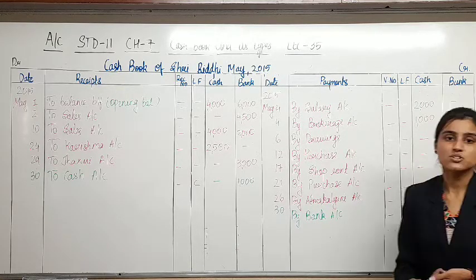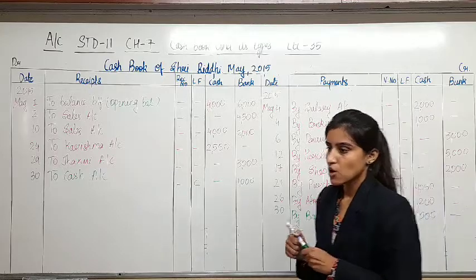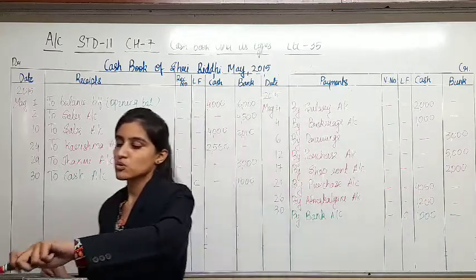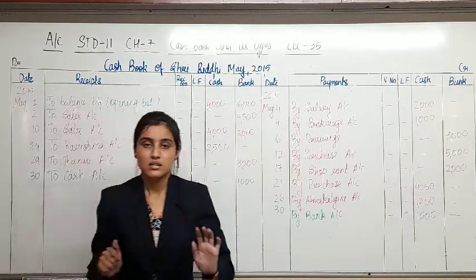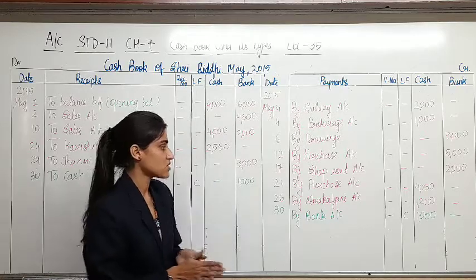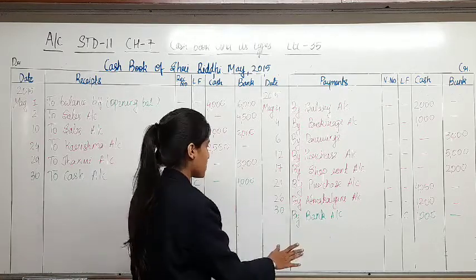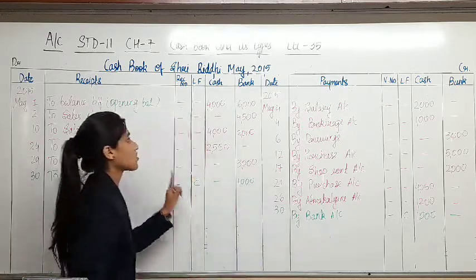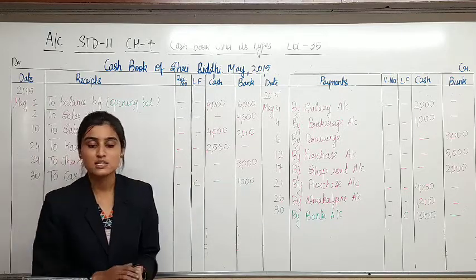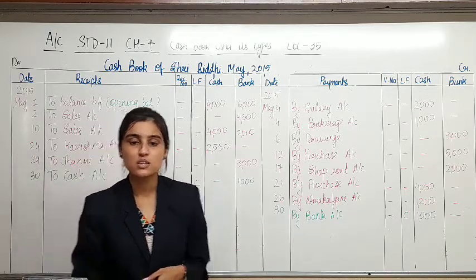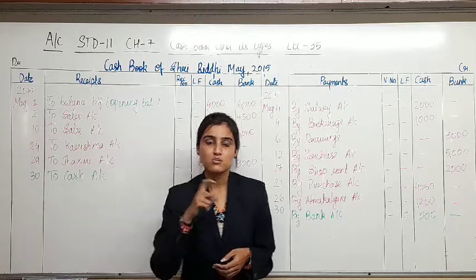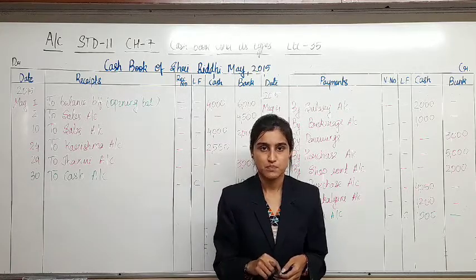This is a contra transaction, I repeat, wherein bank and cash both the accounts are effective. Yes, and this type of transaction is recorded on both the sides of cash book with assigned C in the column of LF. Yes, it says it is deposited in the bank. So bank account debit to cash.